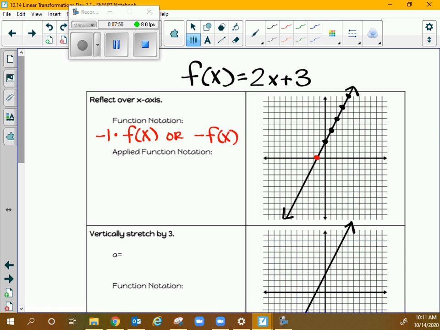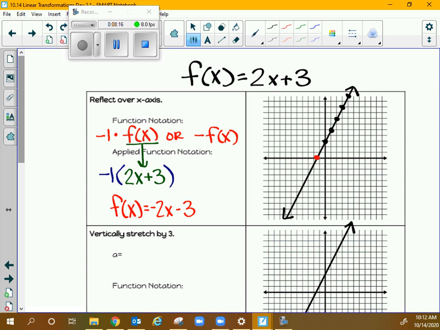Again, what is your original function? 2x plus 3, and I'm going to take the entire function and multiply it by -1. So what is my new function going to be? -2x minus 3.